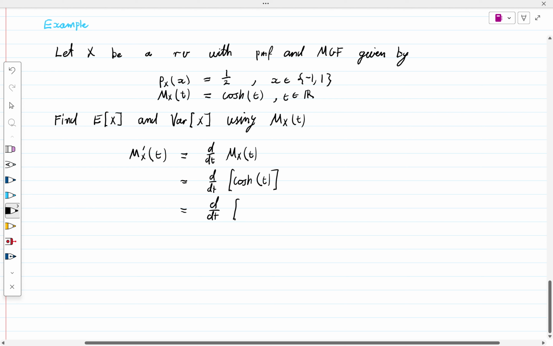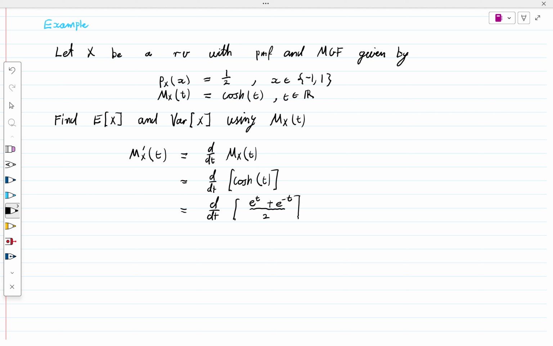And the definition of cosh is e to the power of t plus e to the minus t, over 2. When we differentiate this with respect to t, we get this first term e to the t on 2. Differentiate e to the t, you just get e to the t.